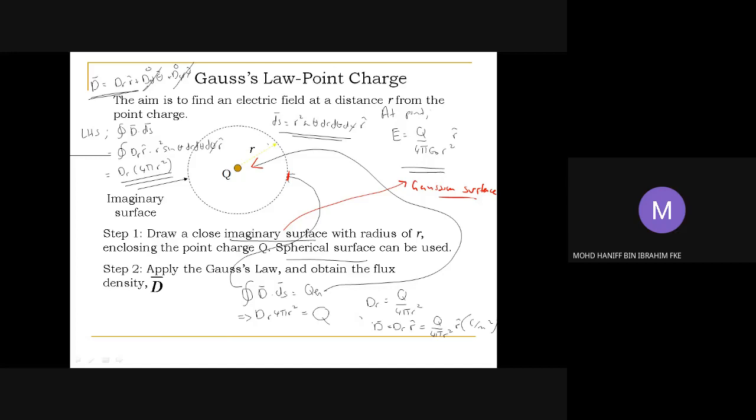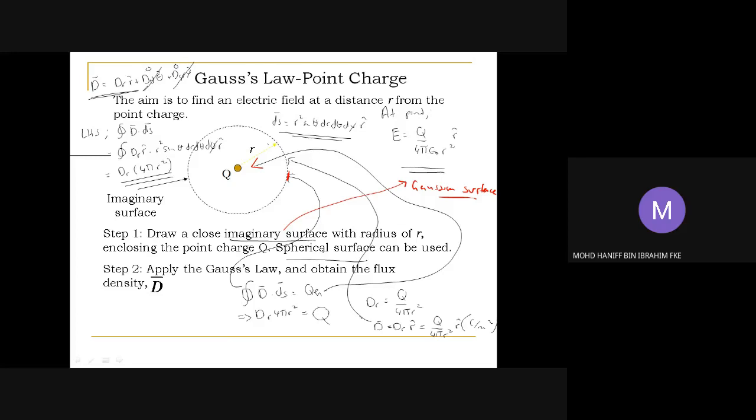This vector D is evaluated on the surface of your Gaussian. But what we have obtained here is only the flux density D. The aim is to obtain the field intensity E.